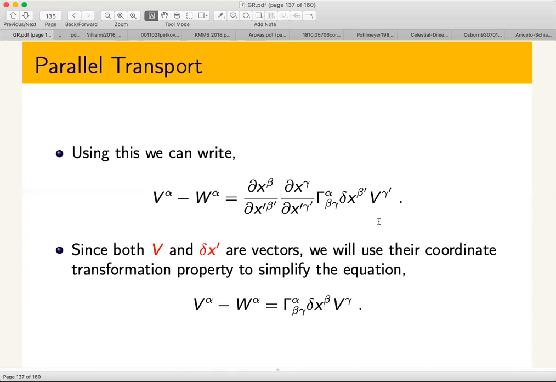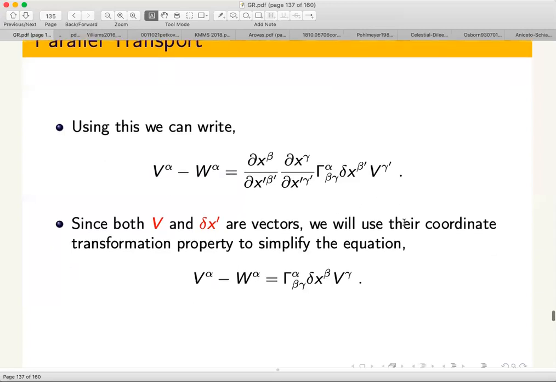Are you with me with this manipulation? Any questions at this point? If not, let's go ahead.